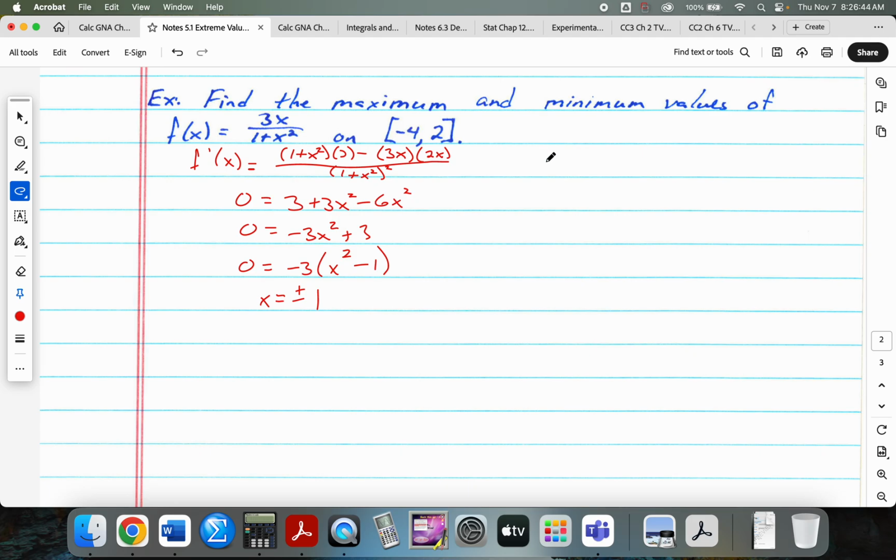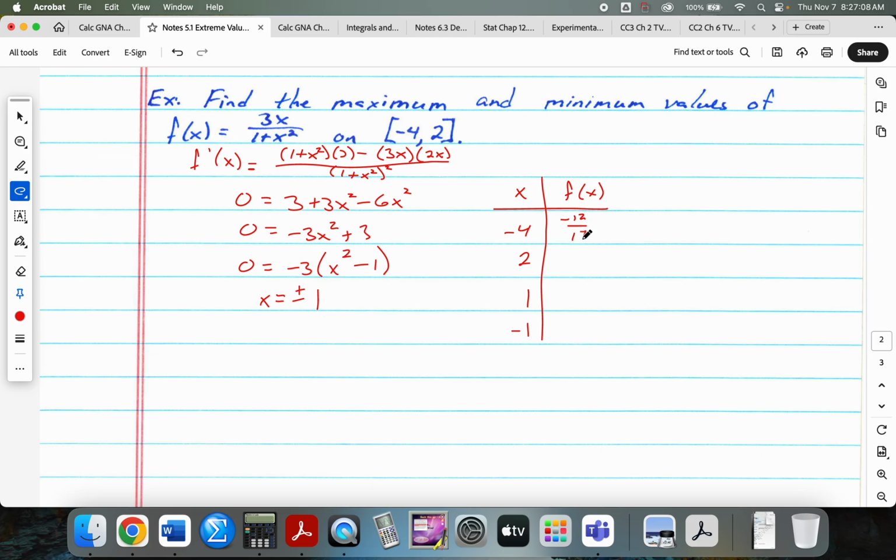And again, we never have to do any checking for locals. We're just doing the absolutes. So negative 4, 2, 1, negative 1. Let's see, negative 4, that'll be negative 12 over 17.